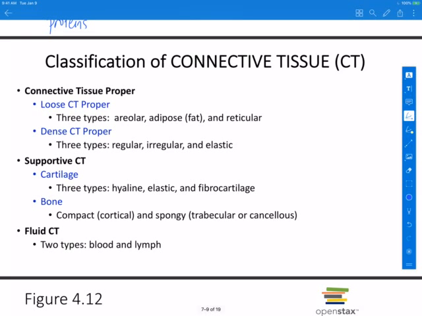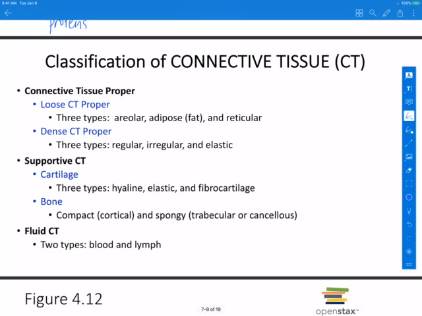Now, if the fibers are elastic fibers, the tissue is going to be much more elastic and better at recoiling to its original shape after it's been stretched. However, if there are a great deal of thick collagen fibers, it's going to be particularly good at resisting pulling forces. The three types of dense connective tissue are regular connective tissue, irregular, and elastic. And we'll look at each of those.